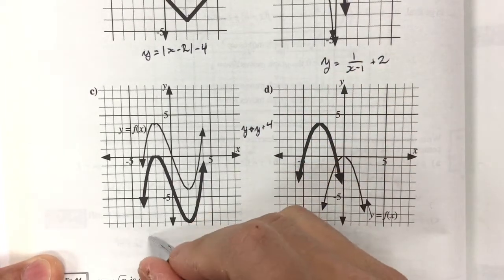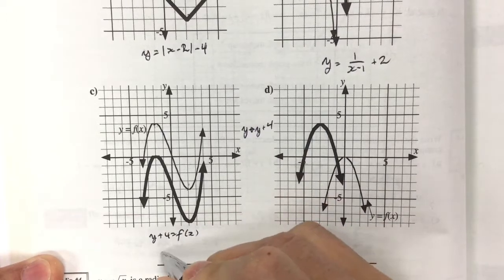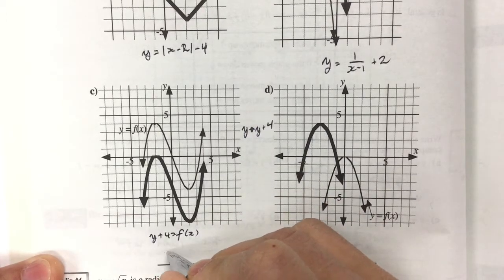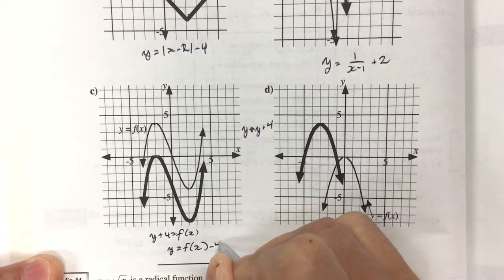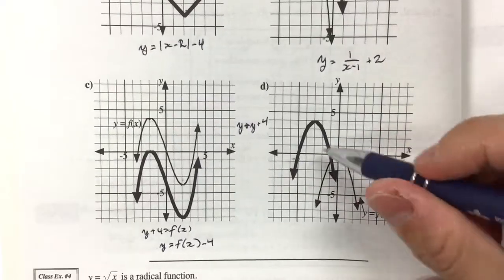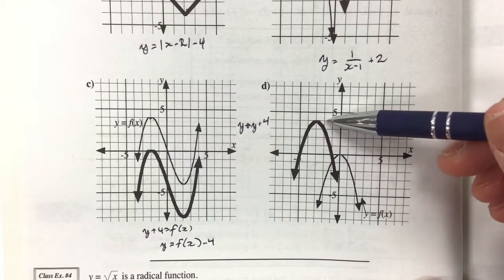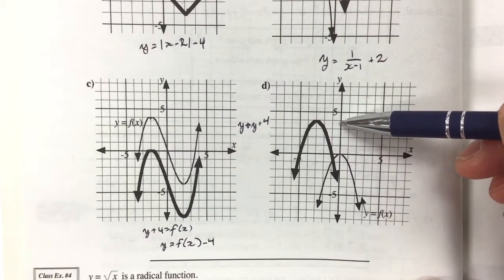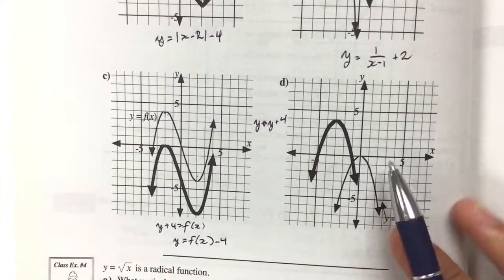And then I could say y plus 4 is equal to f of x, or y is equal to f of x minus 4. And I'll leave the last one for you, but just quickly here, 1, 2, 3 units to the right, and it looks like 4 units down. I'll let you get the equation.